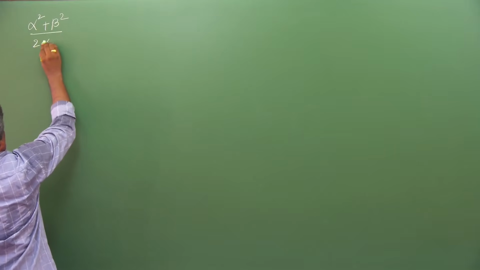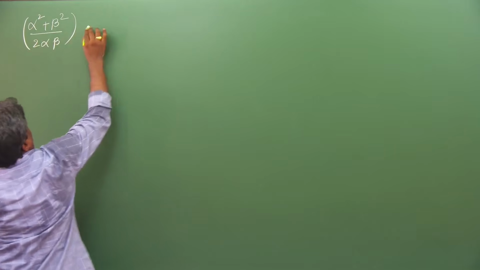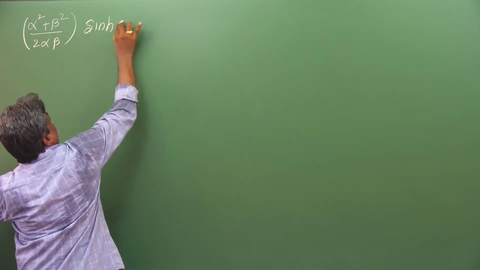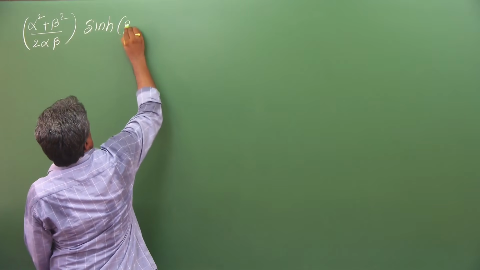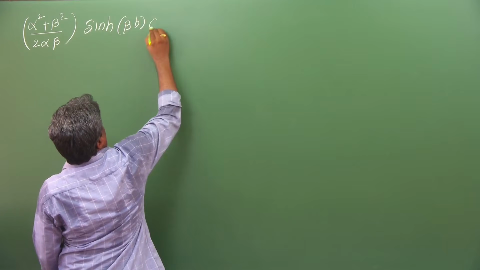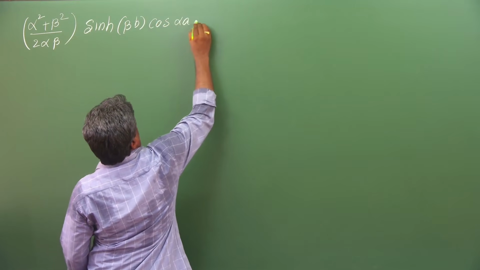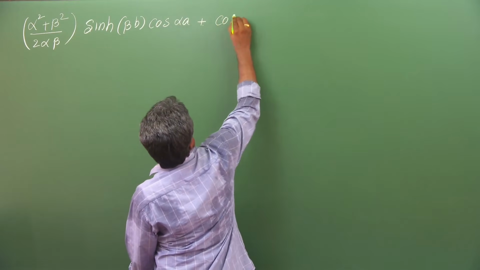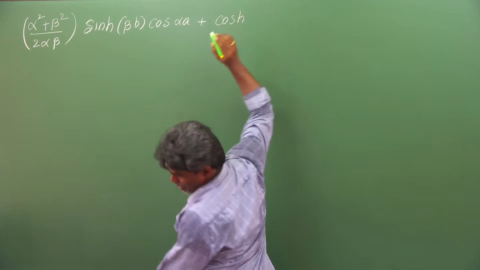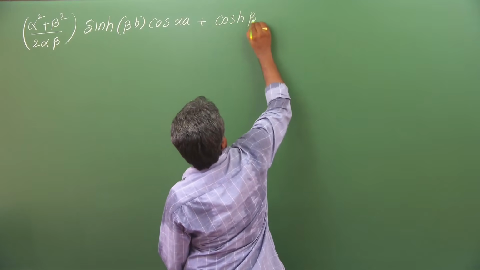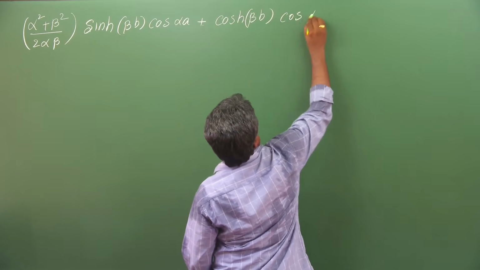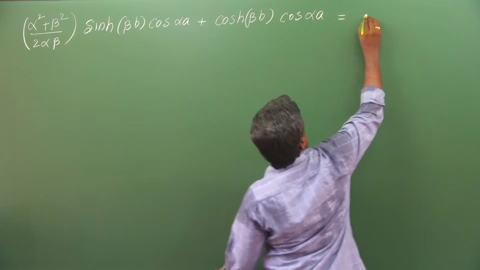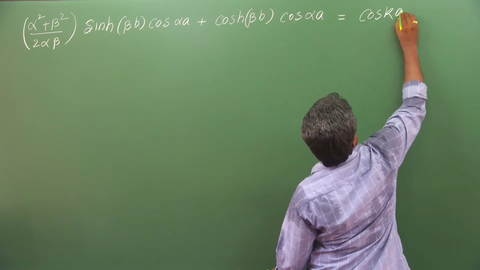(alpha square plus beta square) by 2 alpha beta into sinh beta b cos alpha a plus cosh beta b into cos alpha a equal to cos ka.